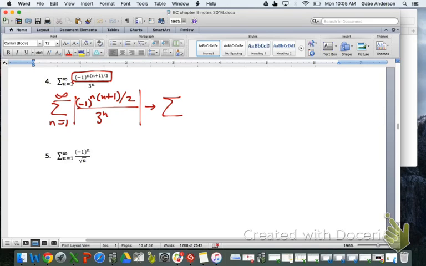So consider that. Okay, so what do you guys think? If you take away the alternating part, will this series converge or diverge? Converges. Let's go back in time a little bit. What kind of series is 1 over 3 to the n? Geometric.